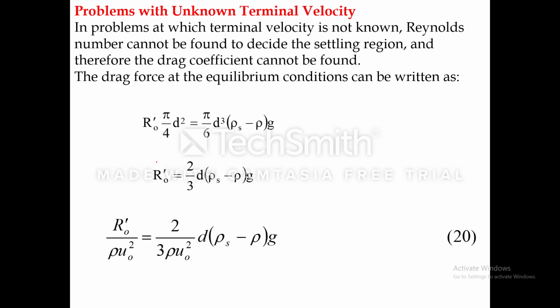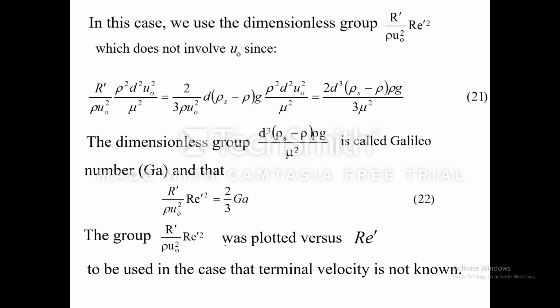here we will divide by rho u naught squared on both sides, so we get R naught dash over rho u naught squared equal 2 over 3 rho u naught squared d (rho s minus rho) g. In this case we use the dimensionless group R dash over rho u naught squared times Re dash squared, which does not involve u naught.